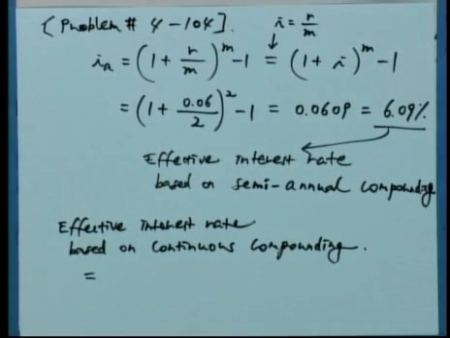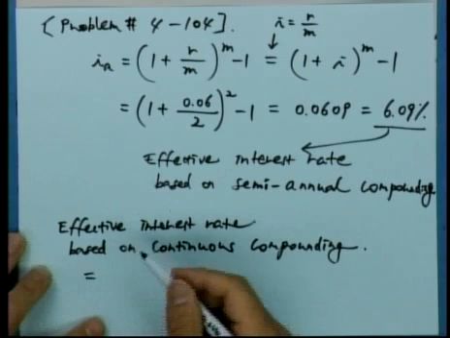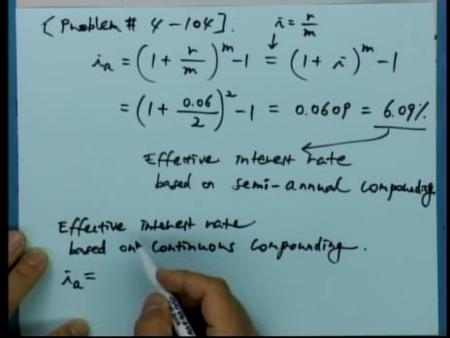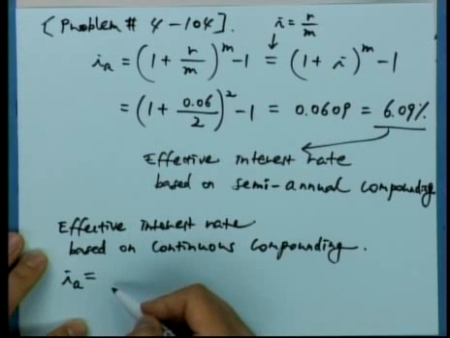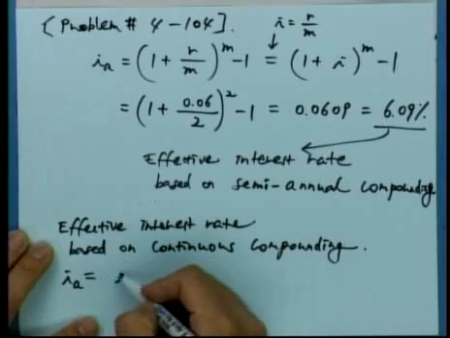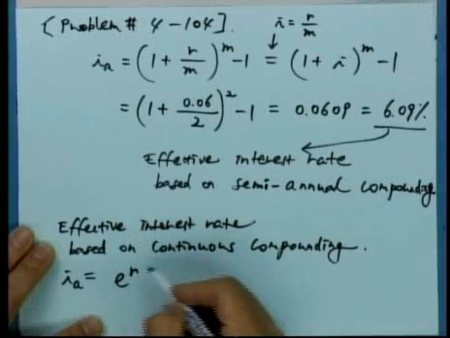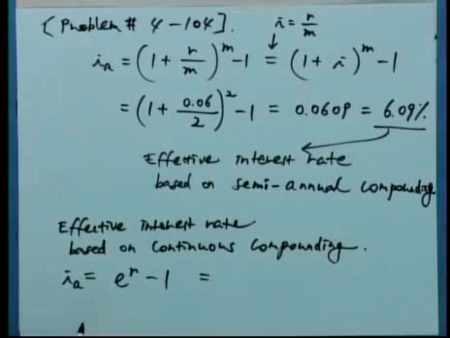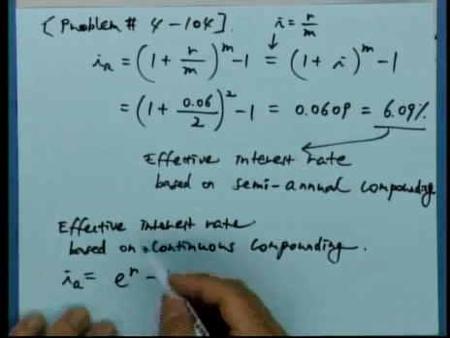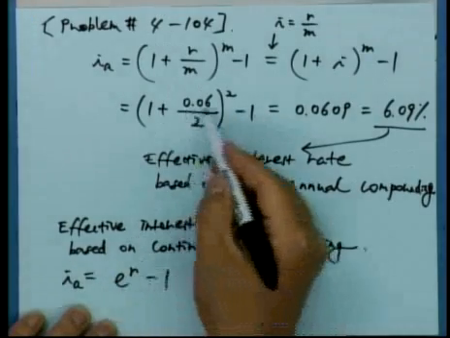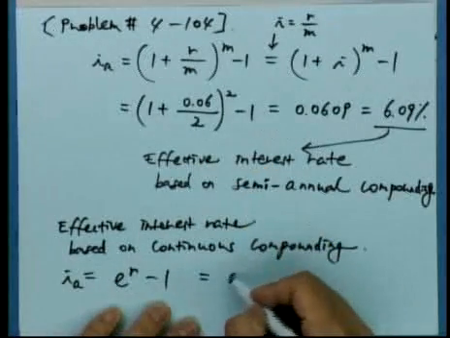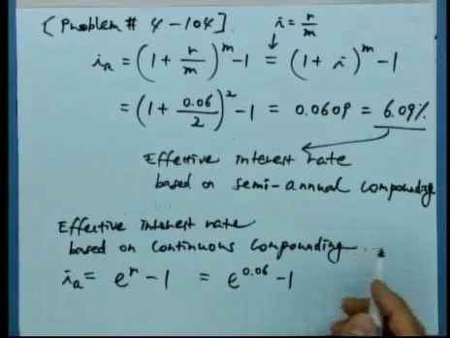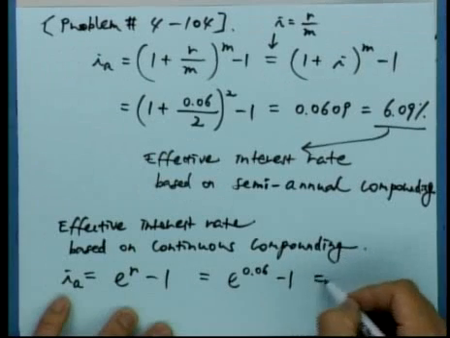There is a formula. I sub A, effective interest rate for the continuous compounding, can be obtained by e to the power r minus 1. Okay. Again, the r is 0.06, 6%. e to the power 0.06 minus 1. So, what is this value?